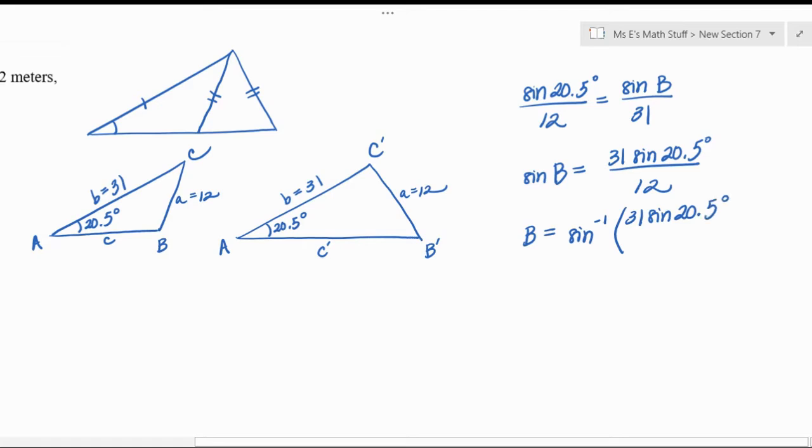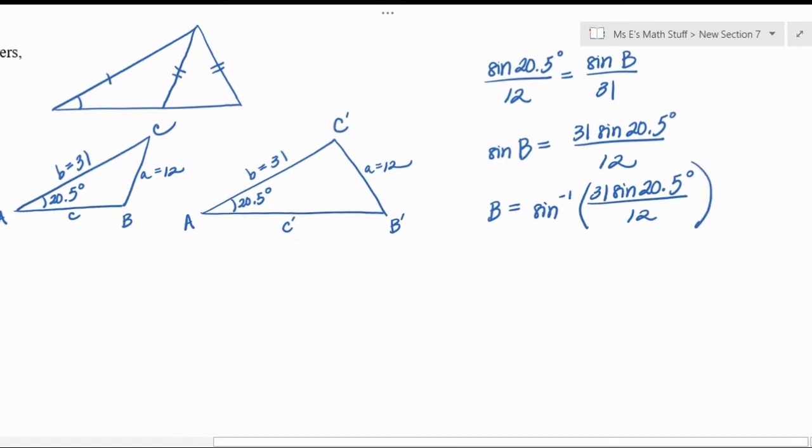So arcsine is an action, more of a verb than a noun. All right, and then go ahead and punch this into your calculator. Make sure that you are in degrees mode. And then you should get approximately 64.783 degrees. There you go.